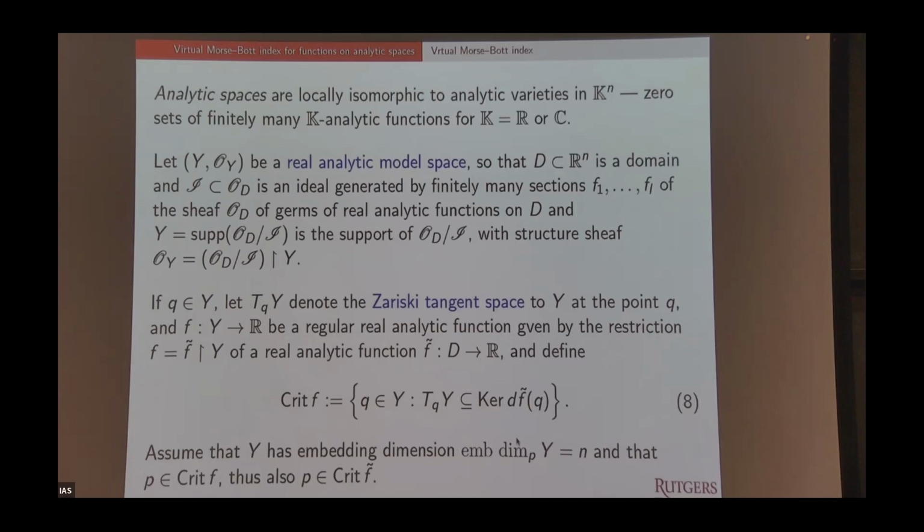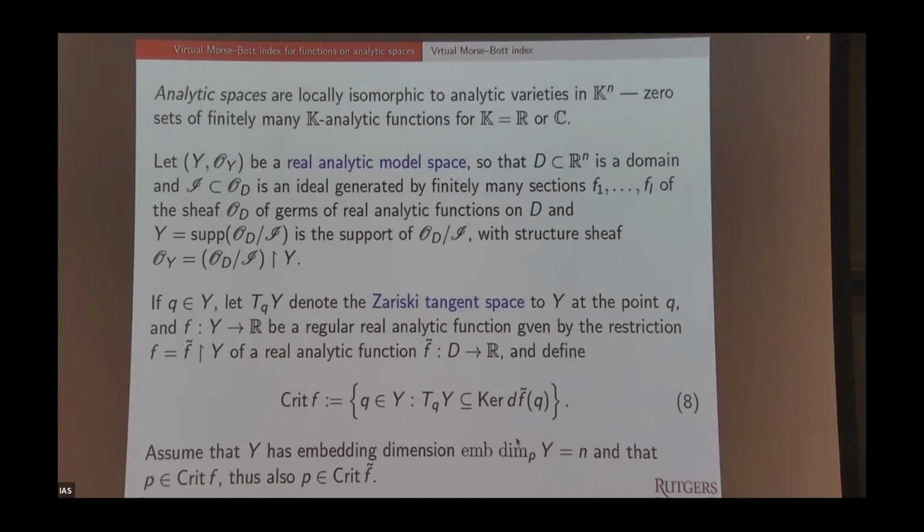So in general, you can think about analytic spaces as being locally isomorphic to analytic varieties, so something that's cut out by finitely many analytic equations. That's a very rough definition. So if we have a local model for an analytic space, it means that we have some domain in Euclidean space, and finitely many equations that cut out that local model Y from that Euclidean domain.